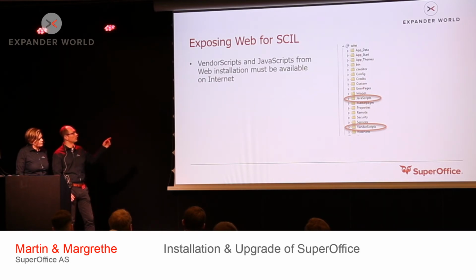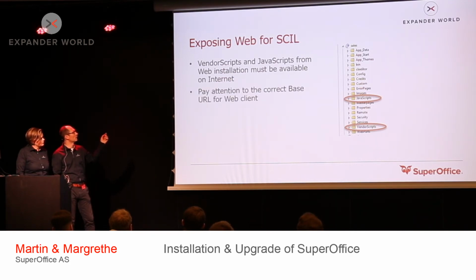It doesn't need to be actually those actual folders from the web installation. You can copy them and move them somewhere where they will appear as coming from the correct domain for the browser. Those are static files. There's nothing customer specific, but they need to be accessible from the browser.